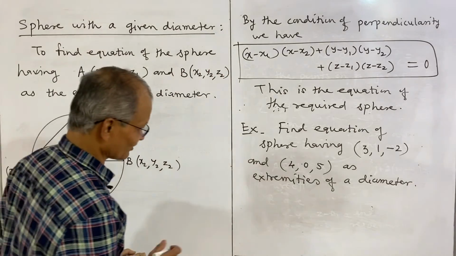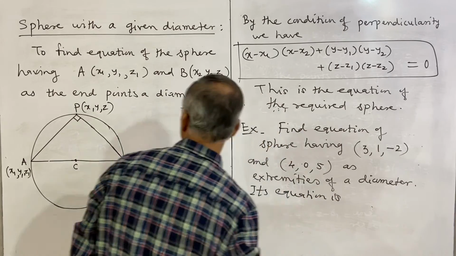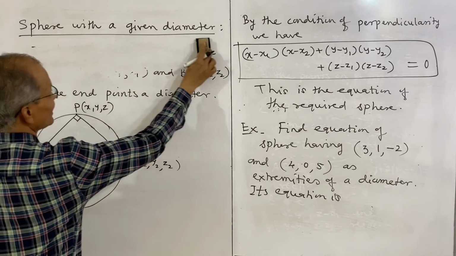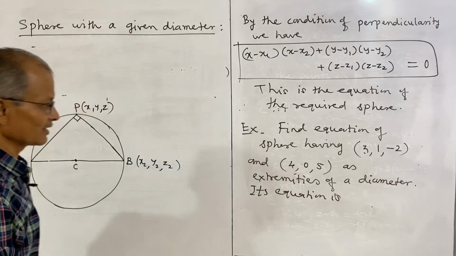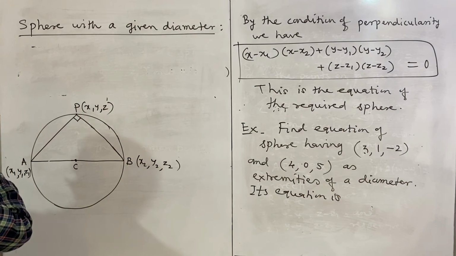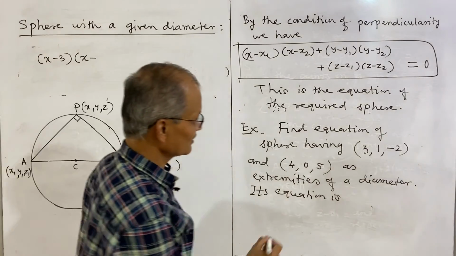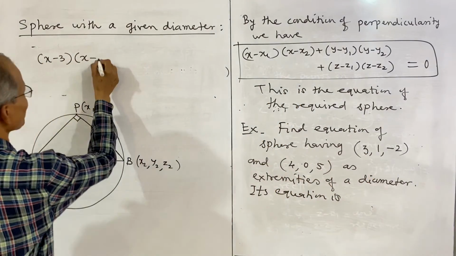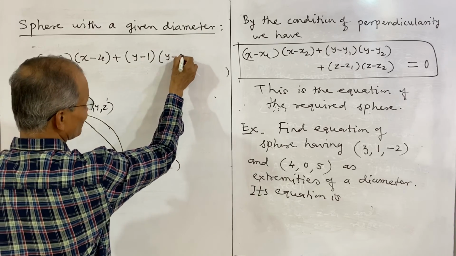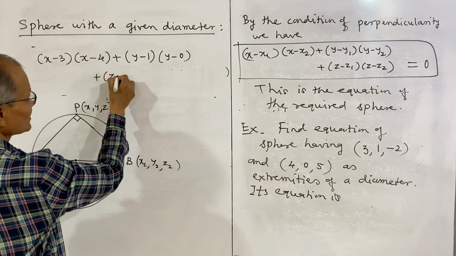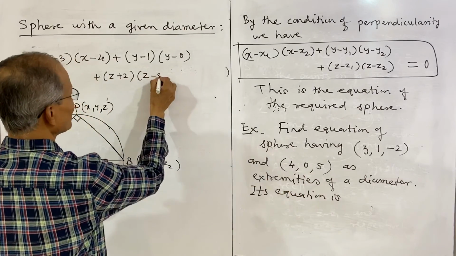Considering these as x1, y1, z1 and x2, y2, z2, the equation is (x minus 3)(x minus 4) plus (y minus 1)(y minus 0) plus (z plus 2)(z minus 5) is equal to 0.